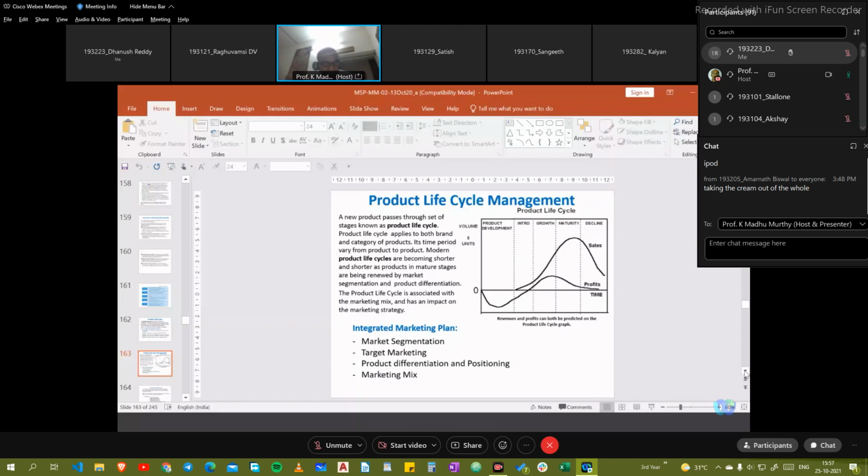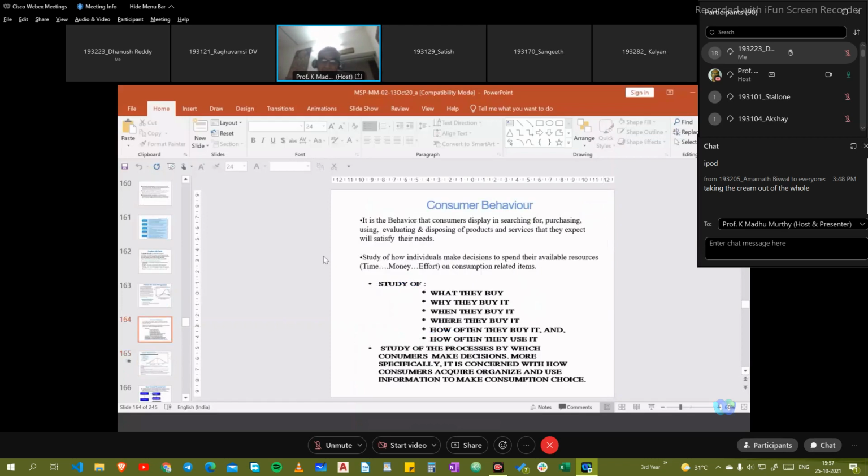So coming to consumer behavior, I'm not going to deal much with it, but I wish to highlight 1 or 2 points here. What we mean is, how do consumers search, purchase, use, evaluate, and finally get rid of products and services, what will satisfy them, what do they expect, and how will they satisfy their needs.